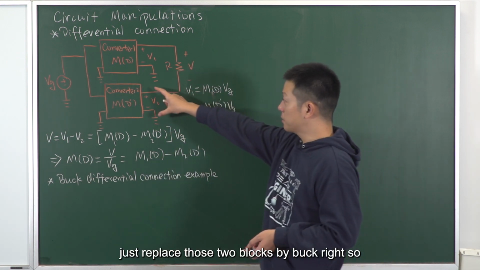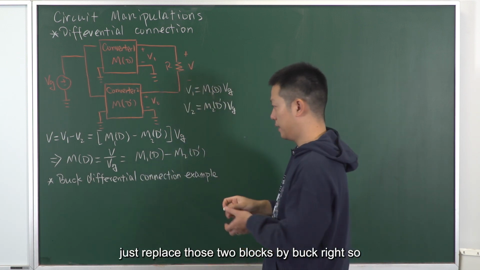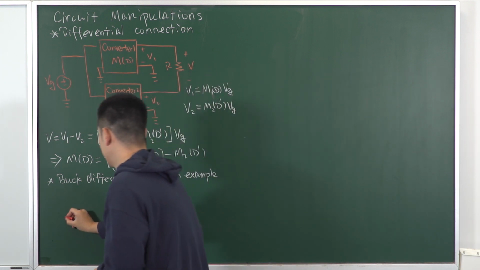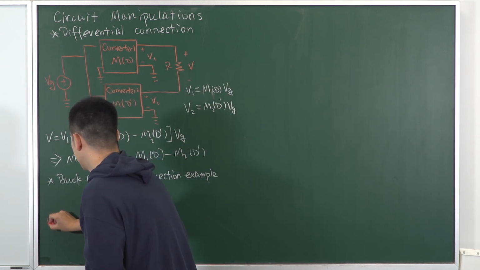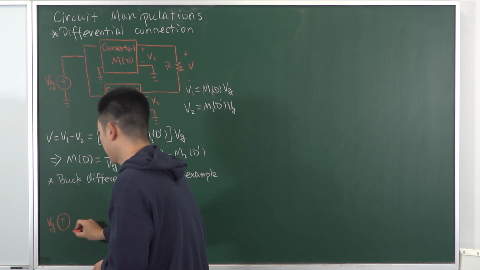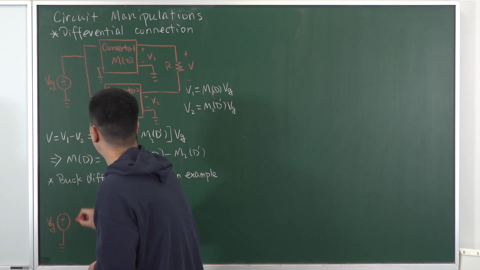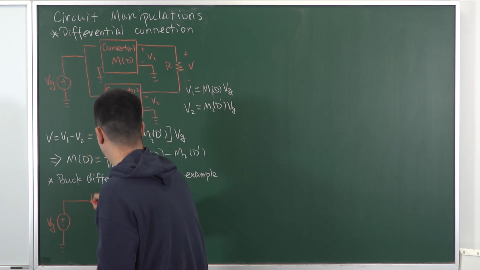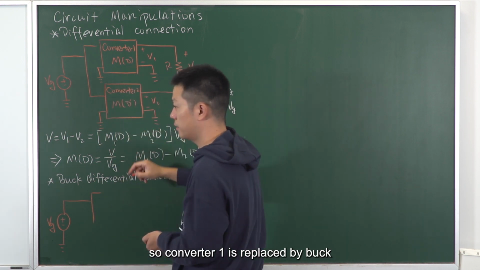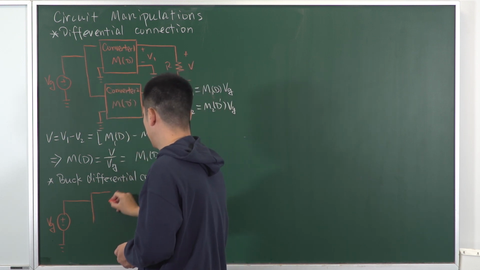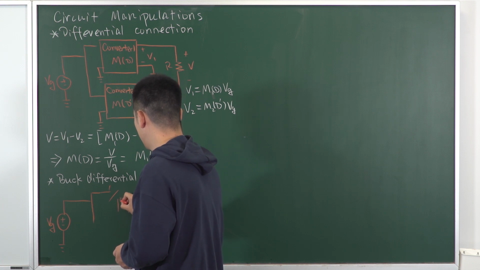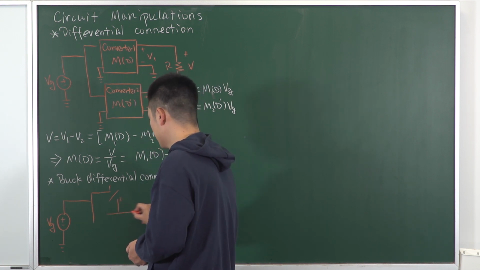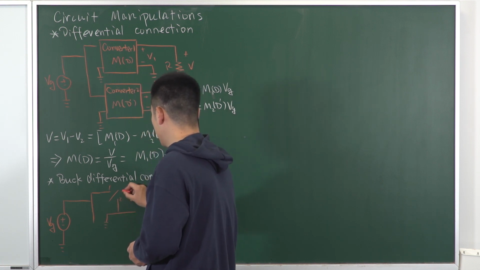Just replace those two blocks by buck, right? So input source, ground. Converter 1 is replaced by a buck unit.